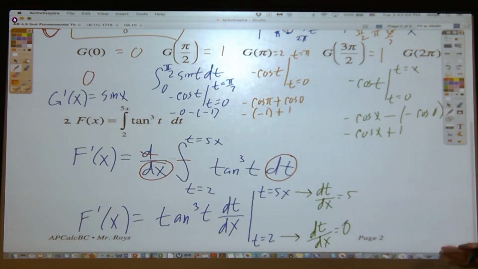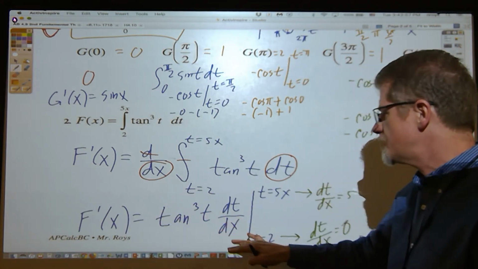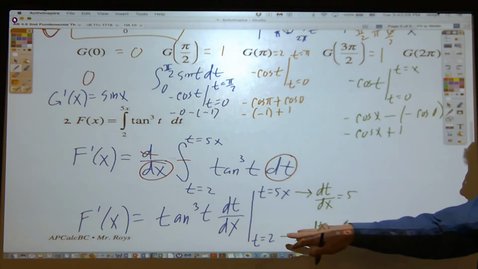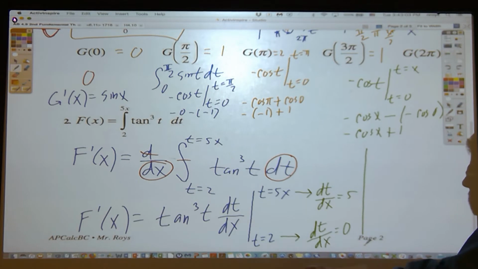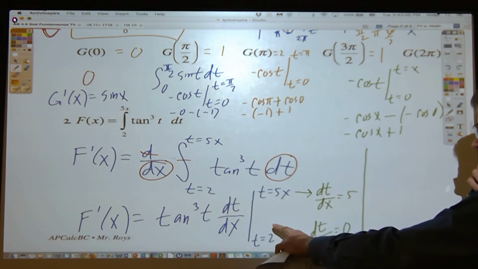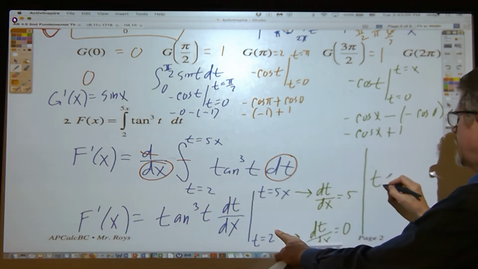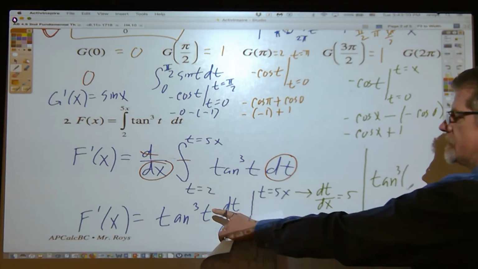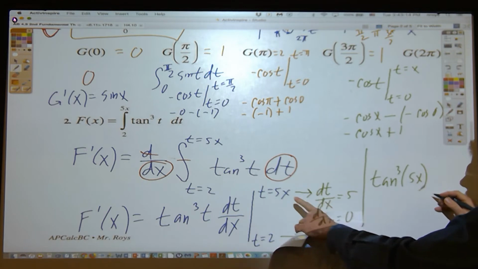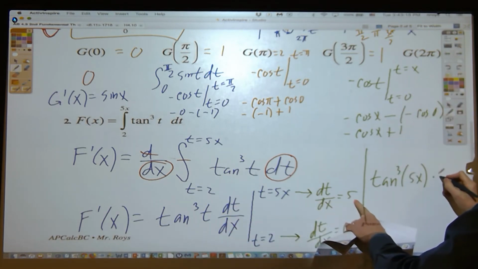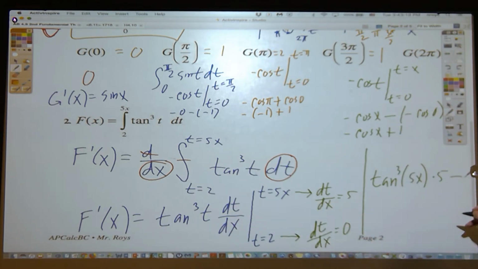Now I'm ready to actually evaluate this expression at these two limits. Starting with the upper limit, it's going to be tangent cubed of t, which has a value of 5x, multiplied by dt dx, which is 5, minus, and now I'm going to have to put a value of 2 in for t.